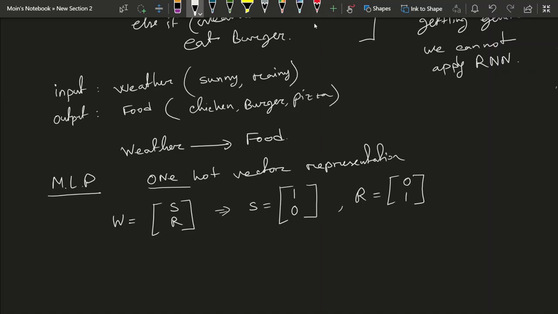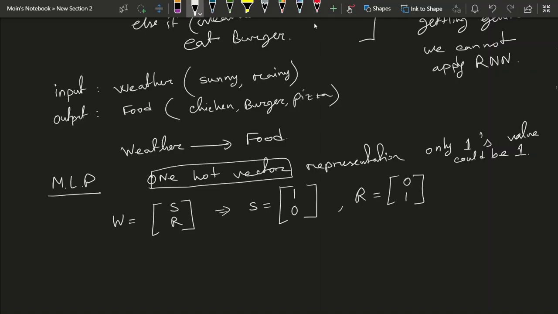So one hot vector means only one value could be 1. In a vector, only one variable value will be 1, and the others will be 0. That's why it is represented as a one hot vector.